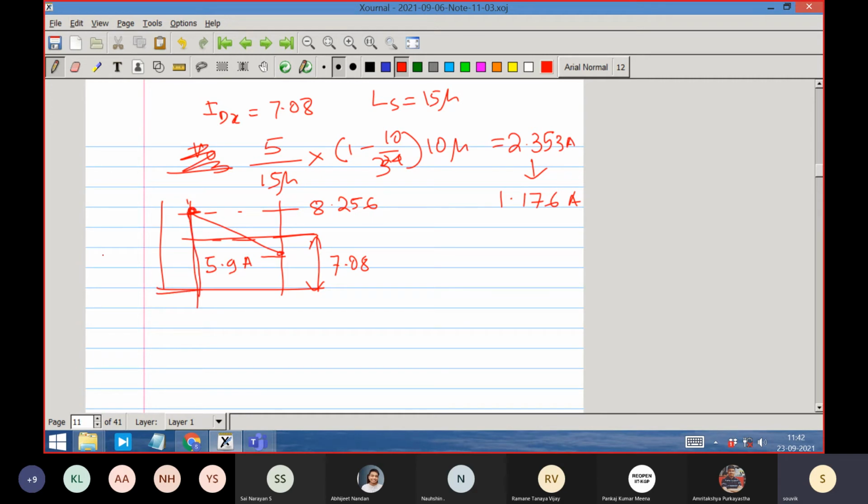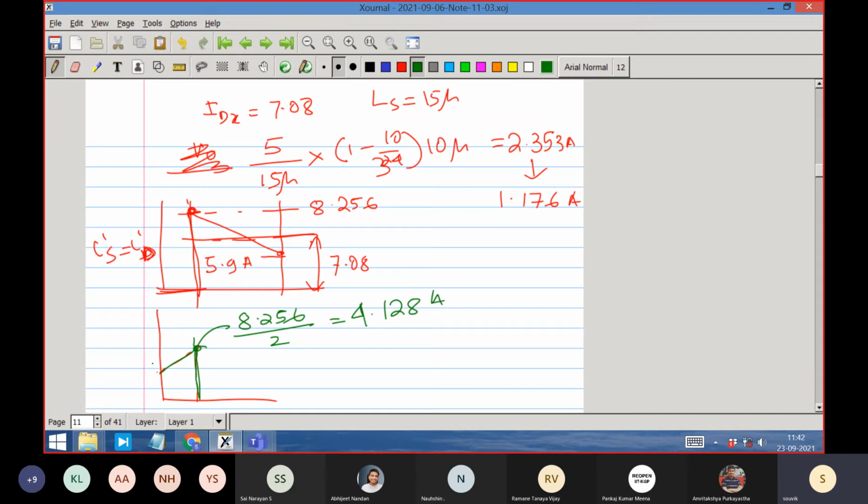On the secondary side, IS is equal to ID, the diode current, which is the secondary current, right? So what is the primary current? The primary current will be scaled here. Let me take it in a different color. This is the primary current. So this peak will be transformed as 8.256 divided by 2, so this is 4.128 ampere.